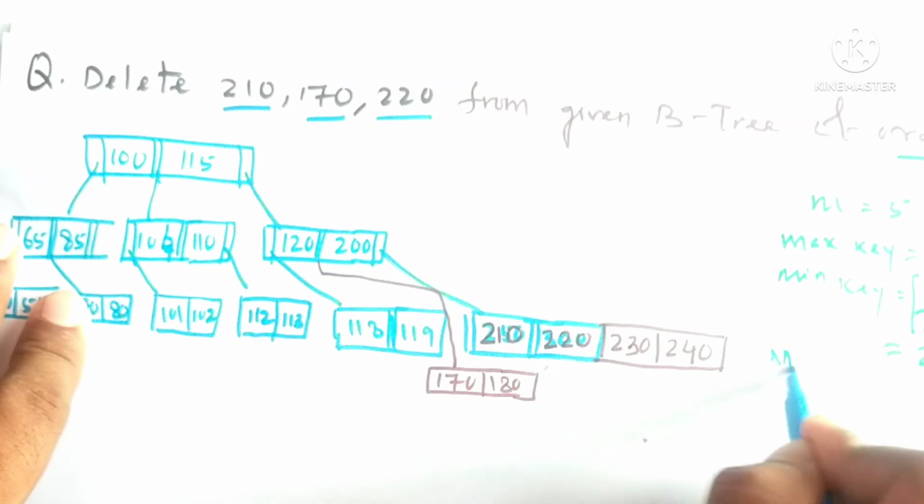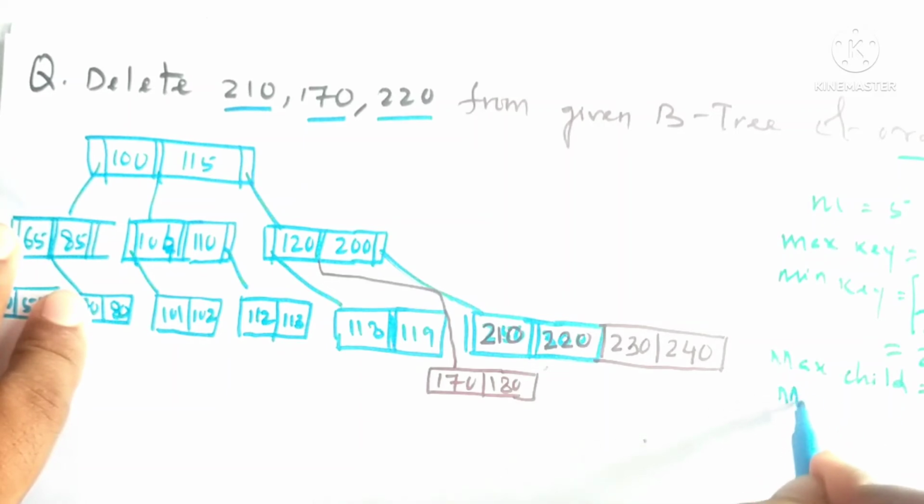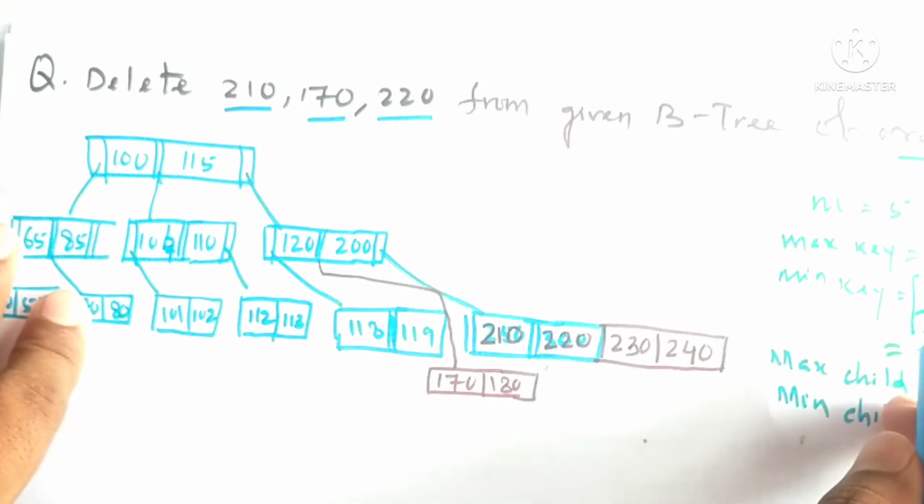Then maximum children will be 5, and minimum children will be 3, because the ceil of 5 by 2 is 3.